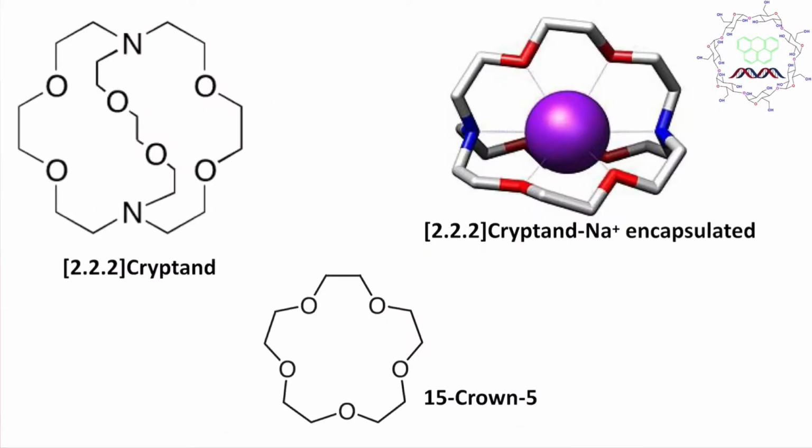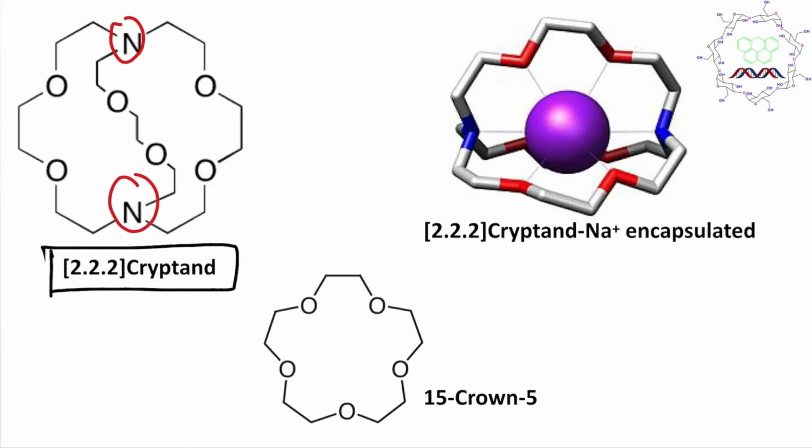So why is it stabilizing? If you look at the structure of this 222 cryptand, you can see there are 2 nitrogens and 6 oxygens, and we know all these atoms have lone pairs of electrons which they can donate to the central metal ion.